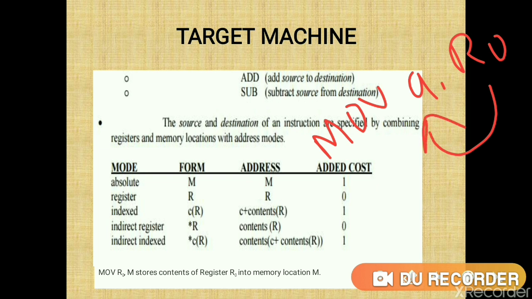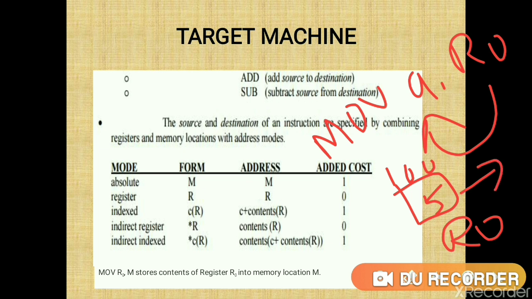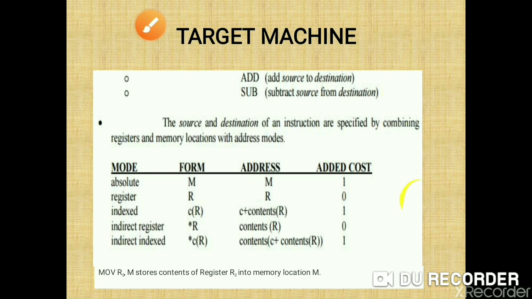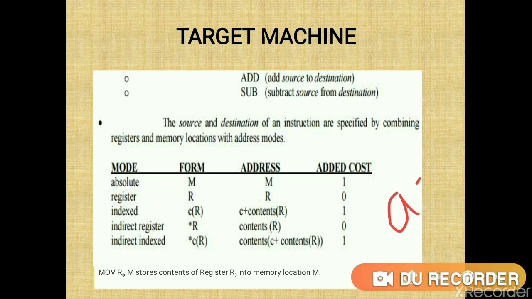For example, if this is R0 and R0 has some address like 100, and inside this I am storing the value 5, then move A comma R0 copies the value of R0, that is 5, to A. Now A will become 5, right? The final value of A will become 5.